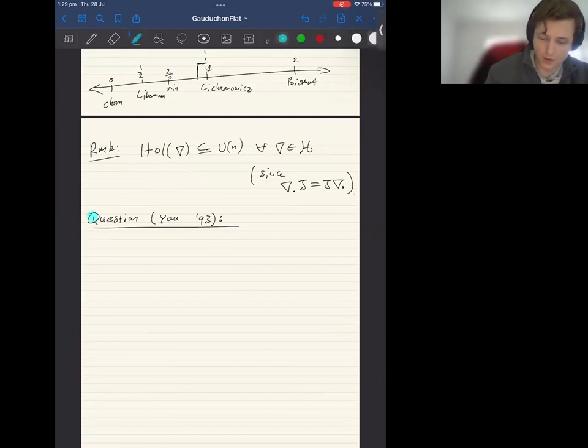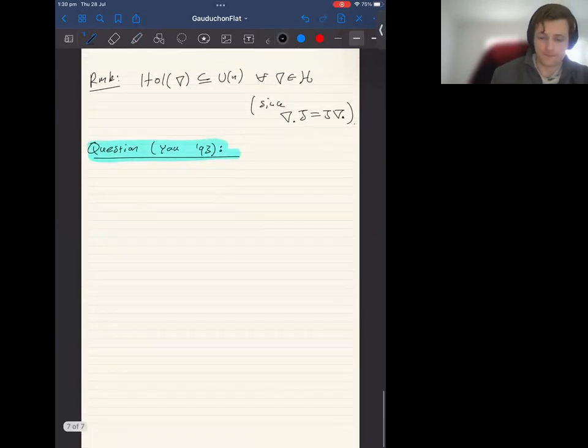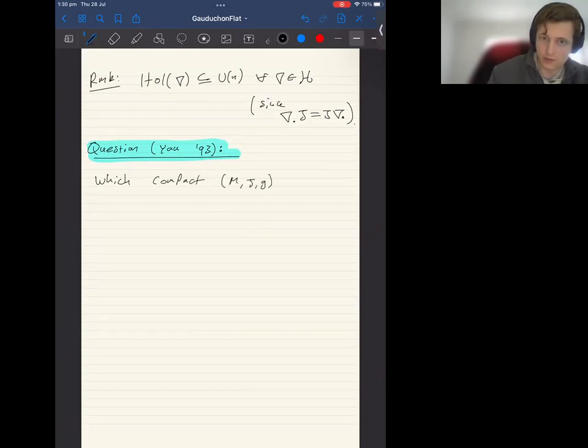So which compact Hermitian manifolds admit some Hermitian connection with holonomy a proper subgroup of U(n)?